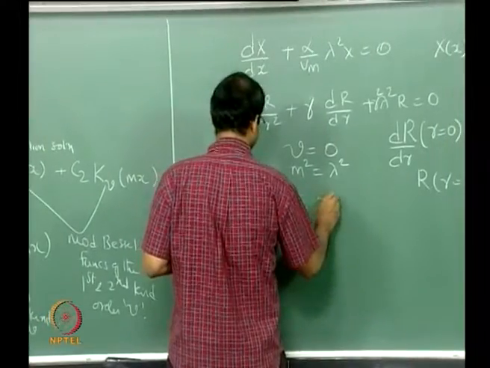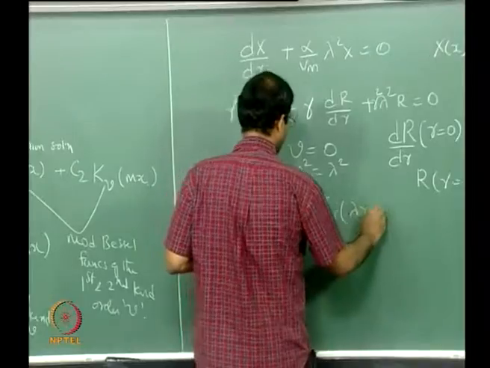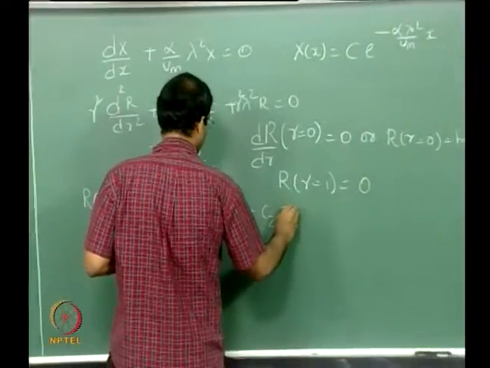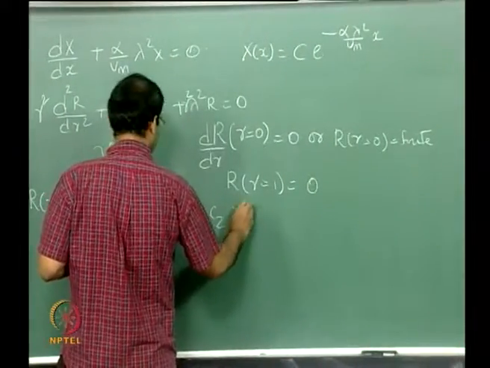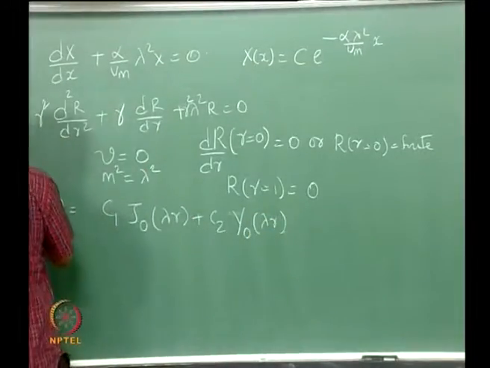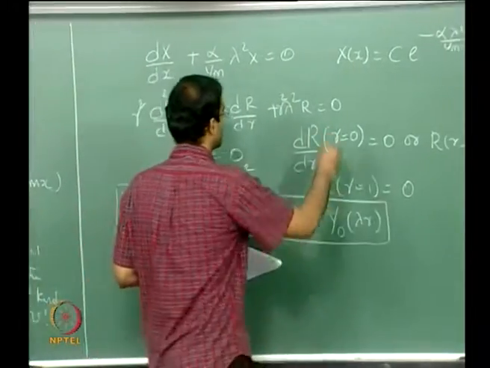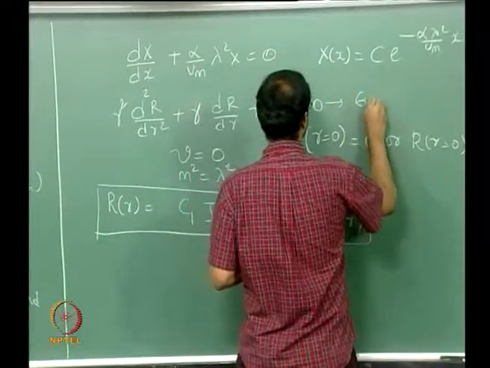So C1 J naught of lambda R plus C2 Y naught of lambda R. This is your solution to the eigenvalue problem.